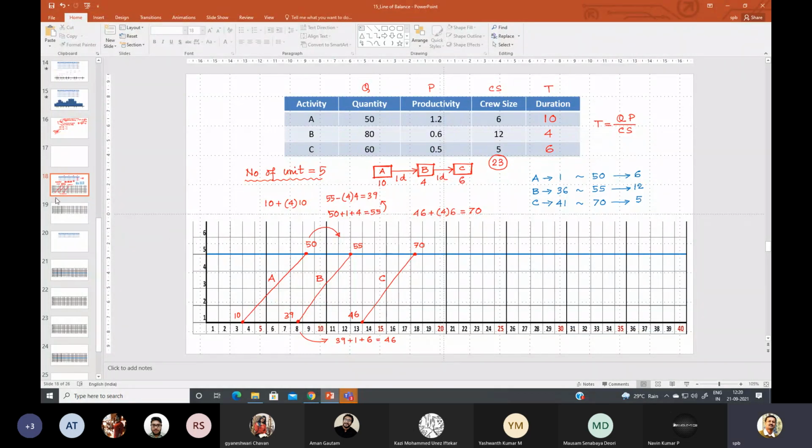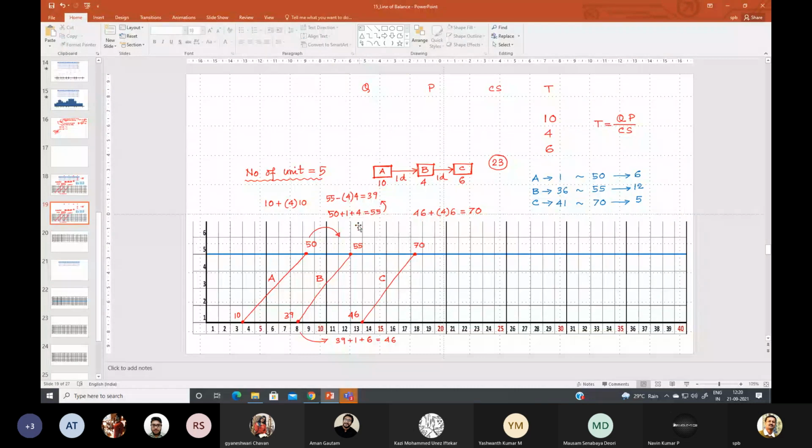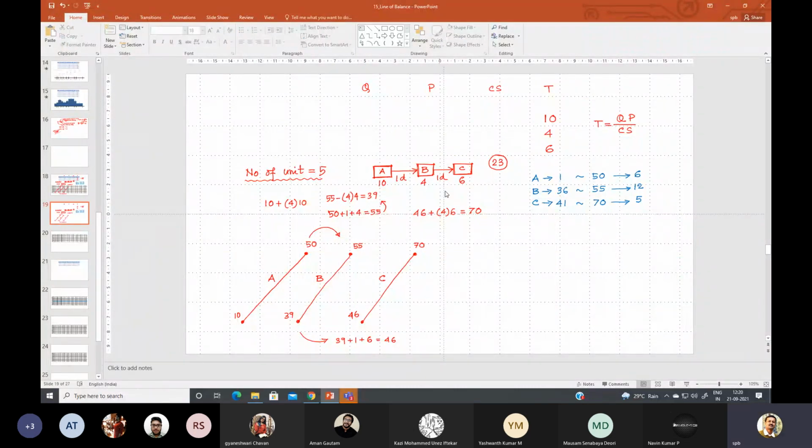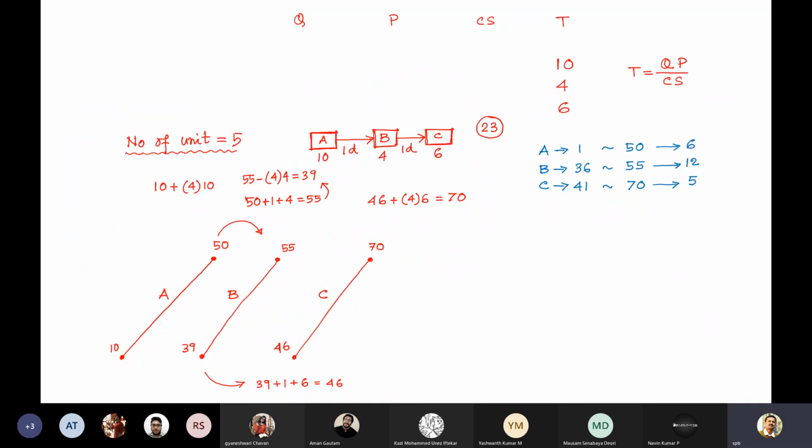Or maybe what I do, I will duplicate this slide here and erase all those. But if I erase, this has to be erased. Let me check.